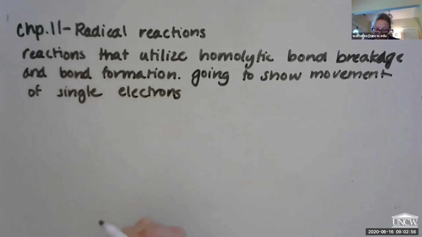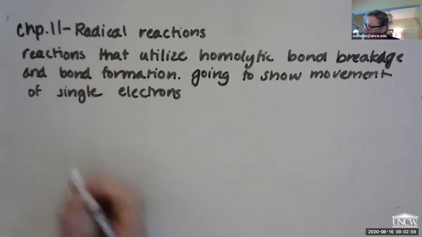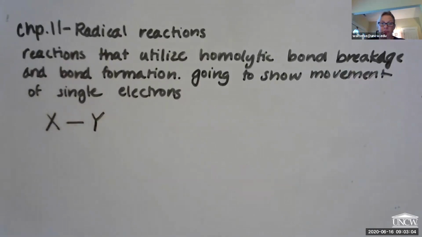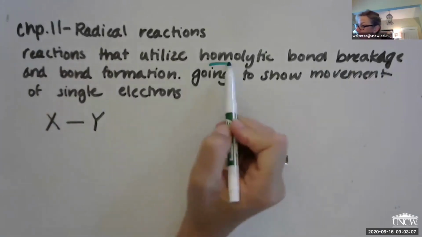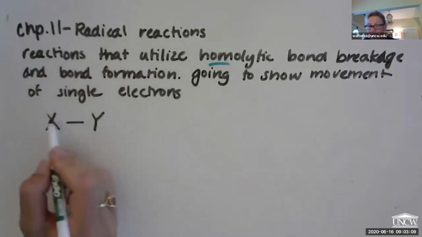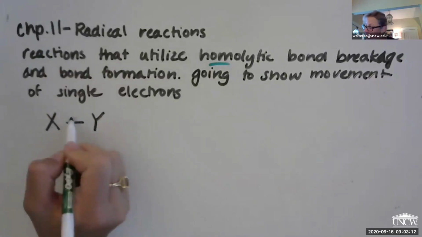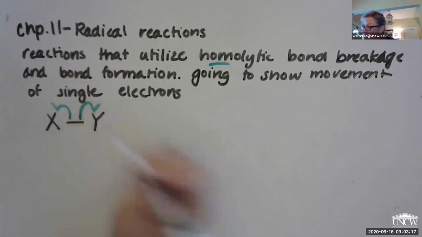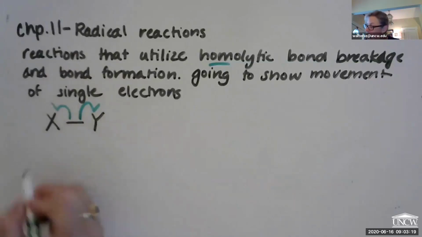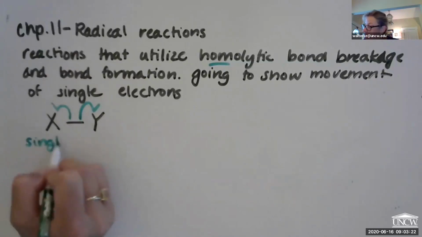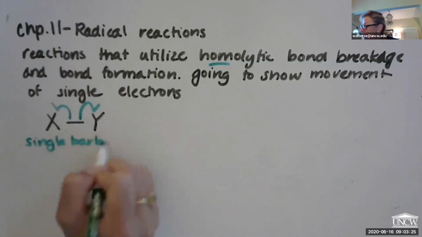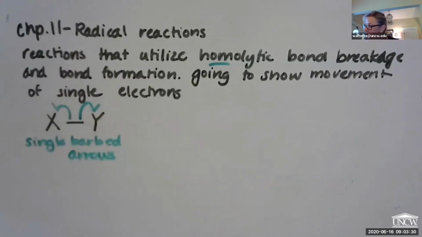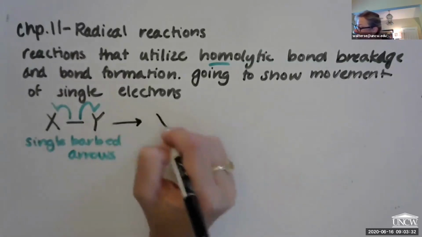If we draw a system undergoing homolytic bond cleavage, homolytic means the same thing has to happen for X as it does for Y, which means one electron in the bond goes to X and the other electron goes to Y. So you're going to use these single barbed arrows. And the products of that are going to be radicals.